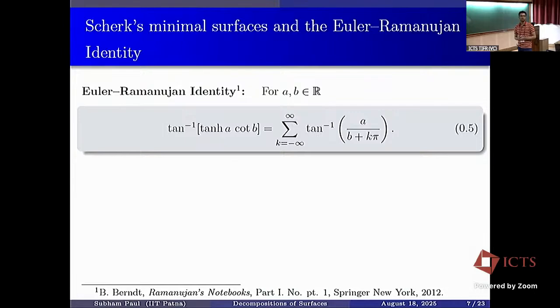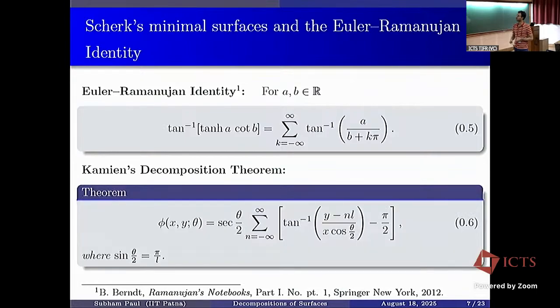Now, the most interesting part is that while dealing with this decomposition, there was a very interesting Euler-Ramanujan identity. Using that identity, Kamien decomposed this height function. This identity involves the tan inverse function, tan hyperbolic, cot, and tan inverse. All these functions are related by equation 0.5.